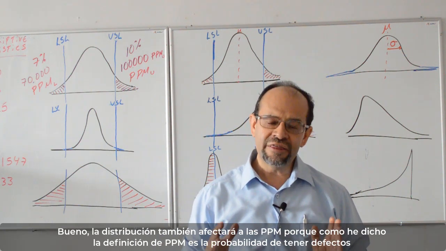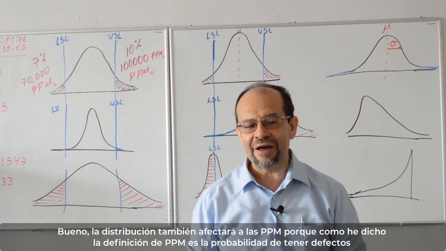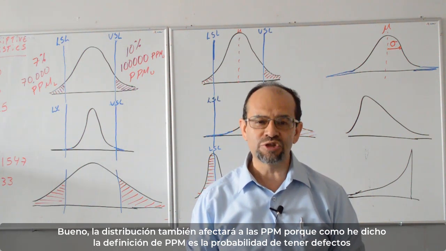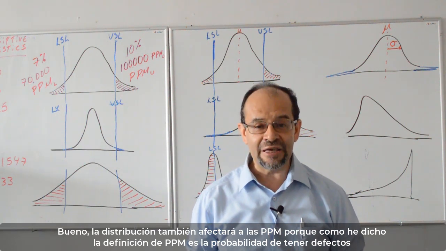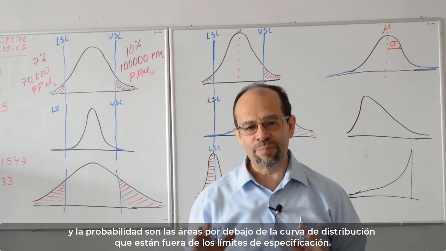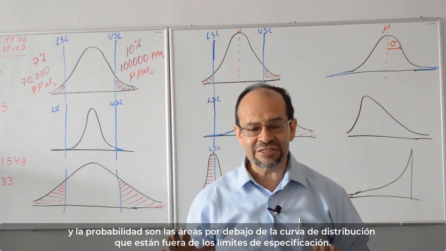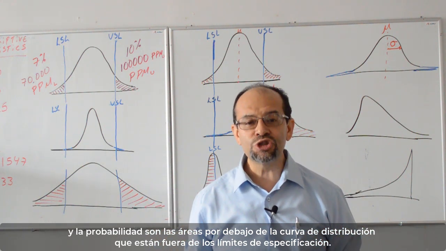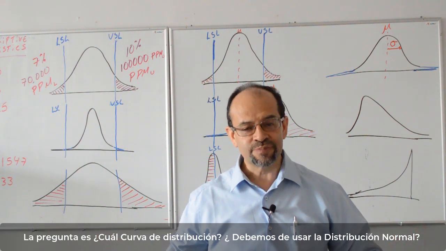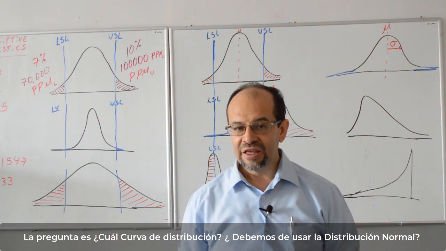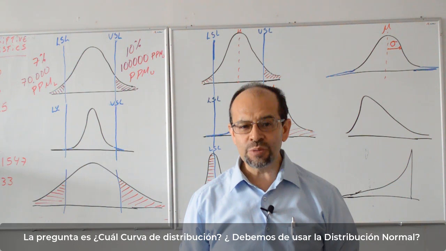The distribution also affects the PPMs, because, as I have said, the definition of PPMs is the probability of having defects, and the probabilities are the areas below the distribution curve outside the specification limits. The question is, which distribution curve? Does that mean the normal distribution?